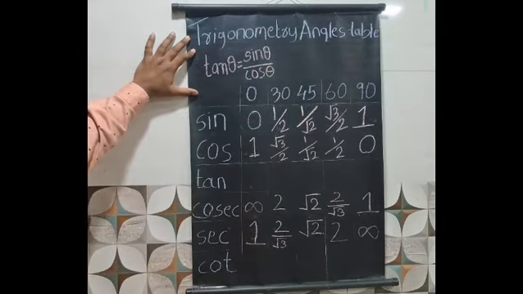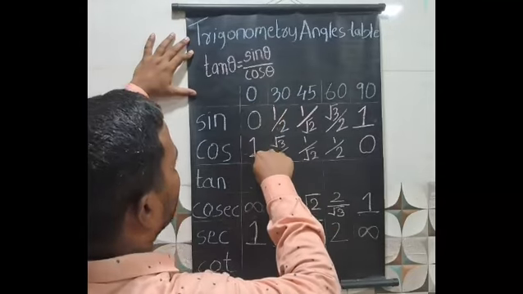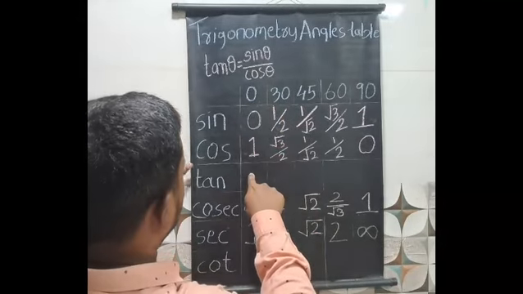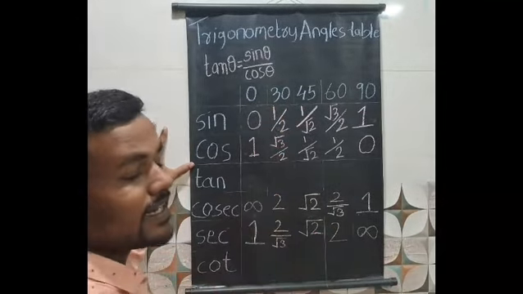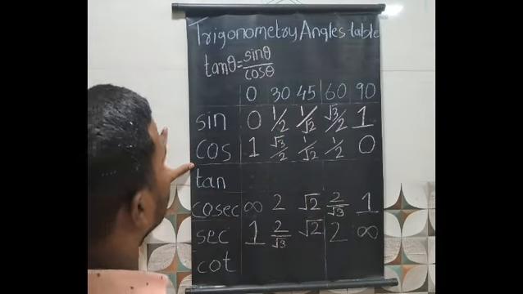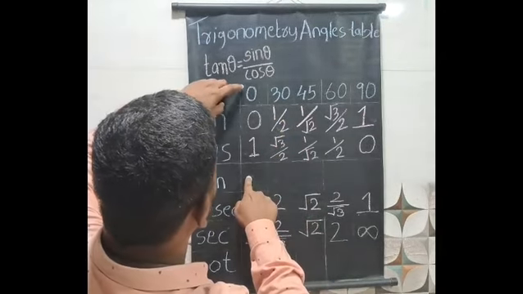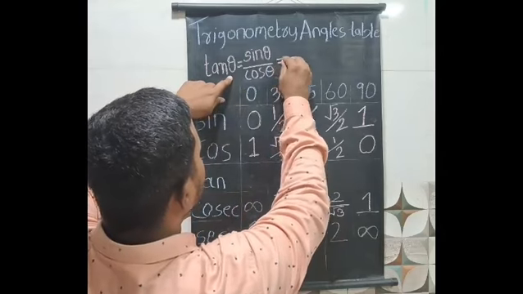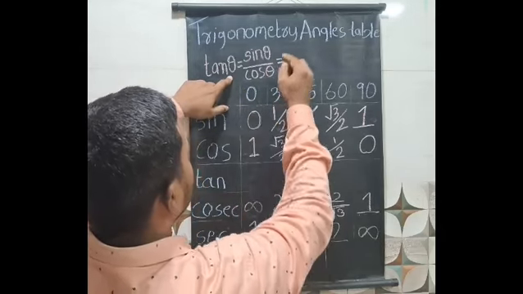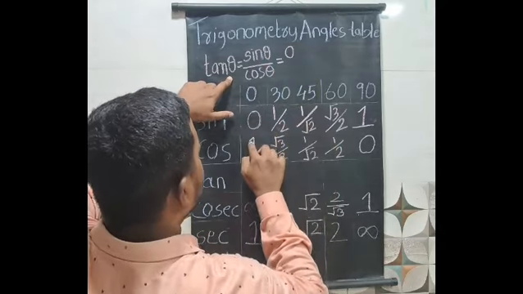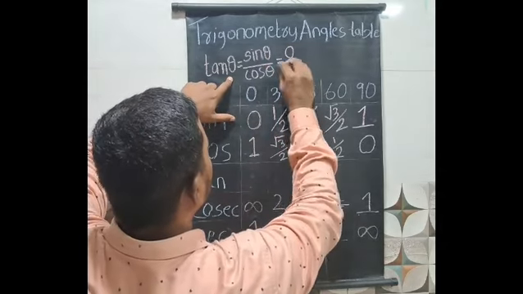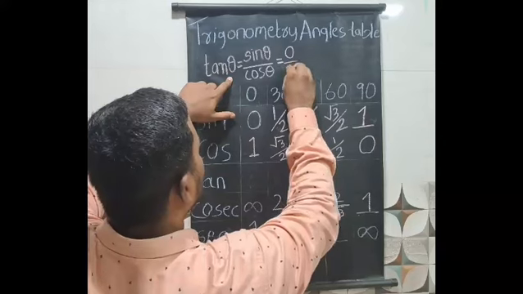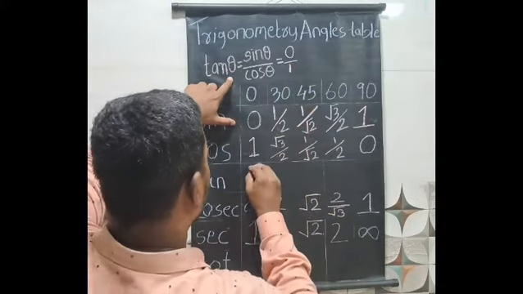So we are just going to divide these values, and the answer we get is the tan value. For instance, let's take 0. Tan 0 is equal to sine 0 upon cos 0. Sine 0 is 0 and cos 0 is 1. So the answer is 0.